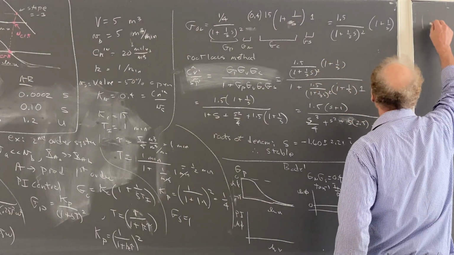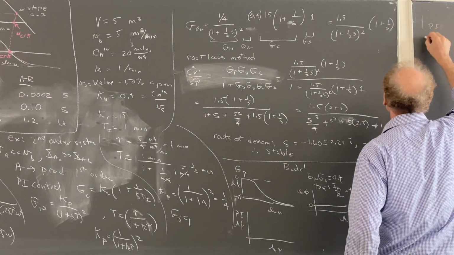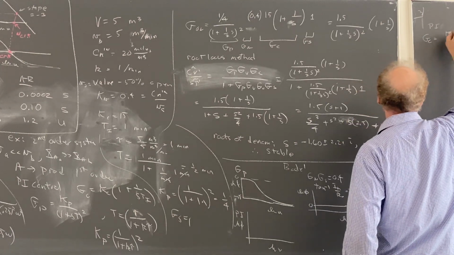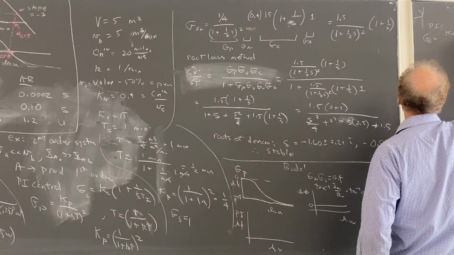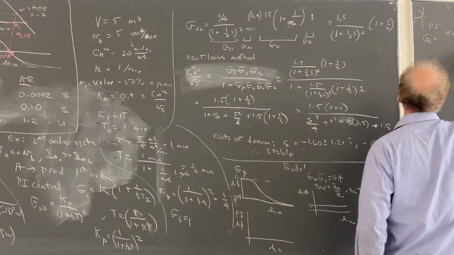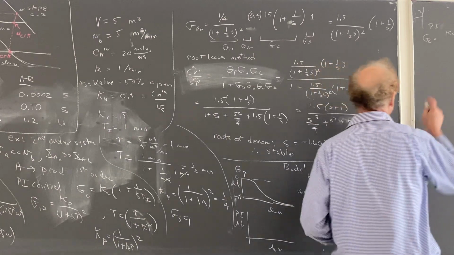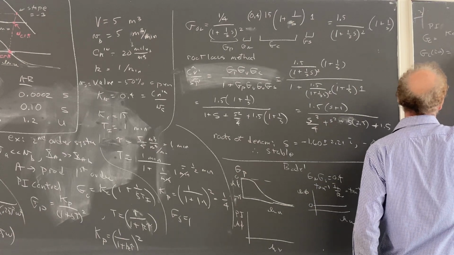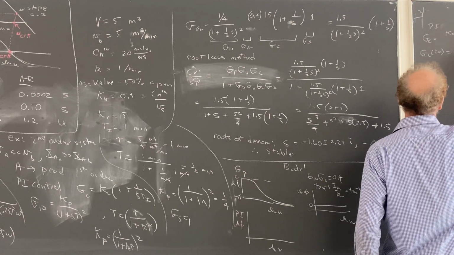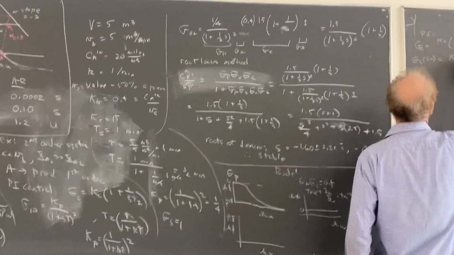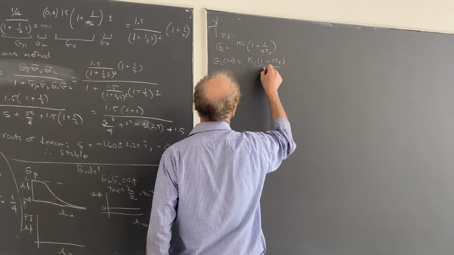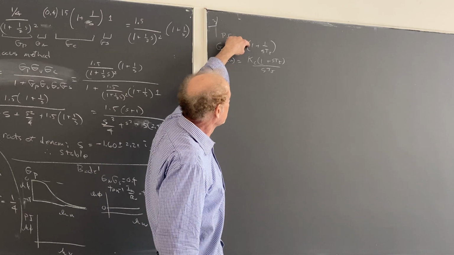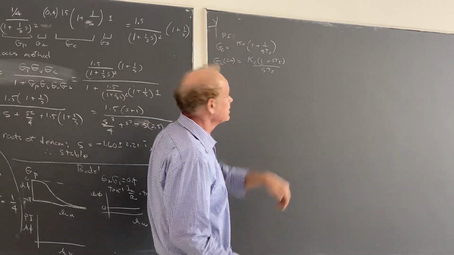So for the PI controller, this is board 3, I've got GC equal to KC times 1 plus 1 over s tau I. And so let's look at GC of i omega. That's equal to KC, and let's multiply by s tau I, so I've got 1 plus s tau I over s tau I. So I just multiply top and bottom by s tau I.